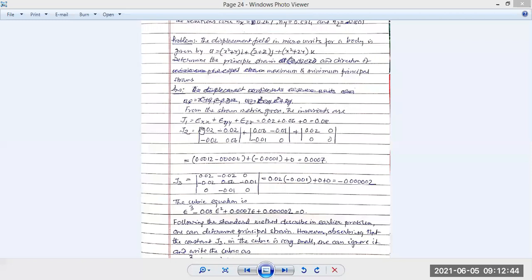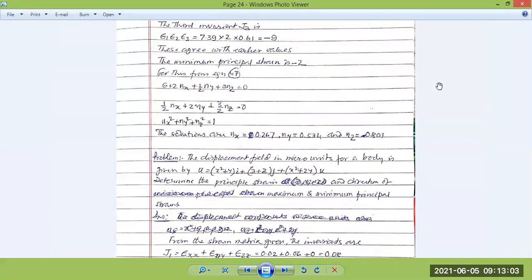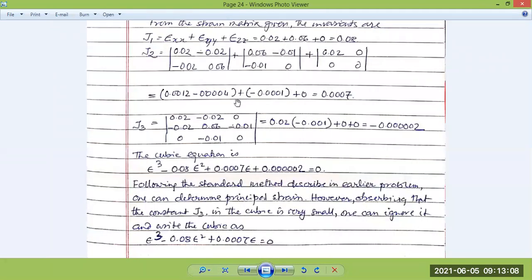Let us see how we will calculate. We put the individual numerical values here, where EXX is 0.2, we have already reduced the value of it, EYY is 0.6 and EZZ is 0, so the sum is 0.8.